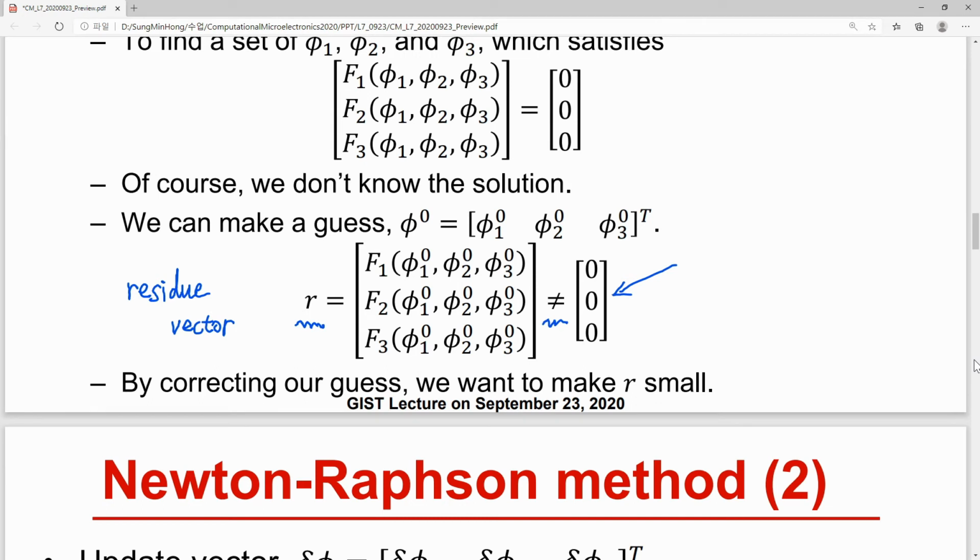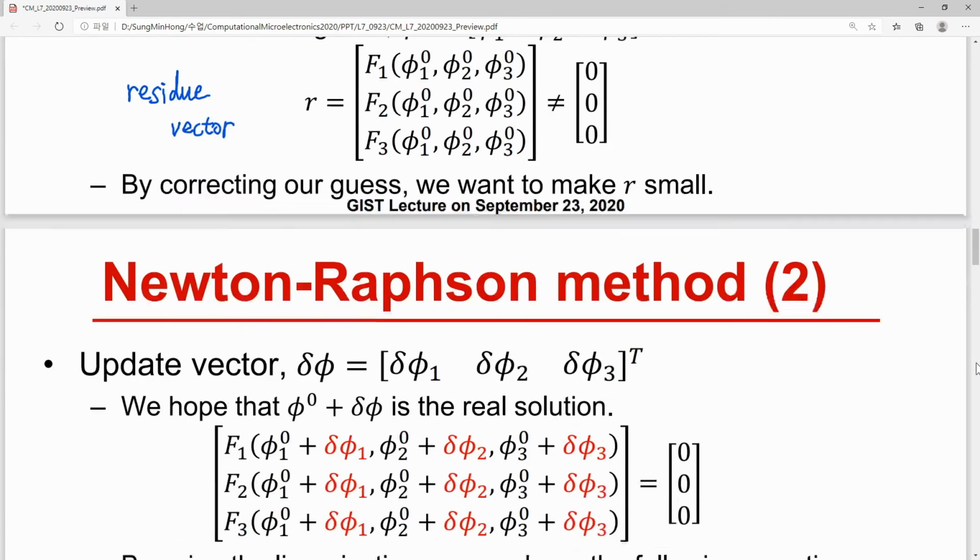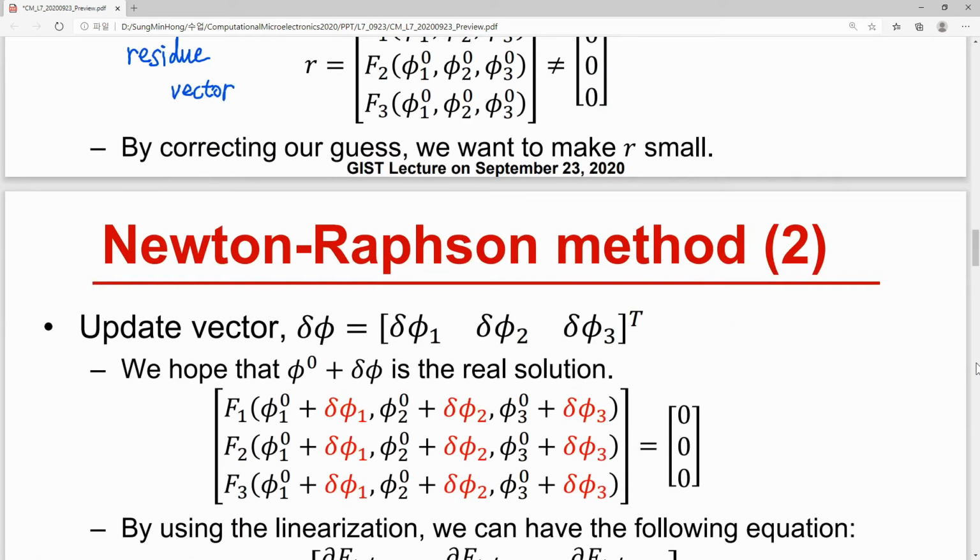Previously, you wanted to make it 0 when you had a single variable. But since we are talking about a vector, now we have to have a null vector. Then the remaining procedure is quite similar to the previous one. Previously, we just introduced a correction or update to our solution.